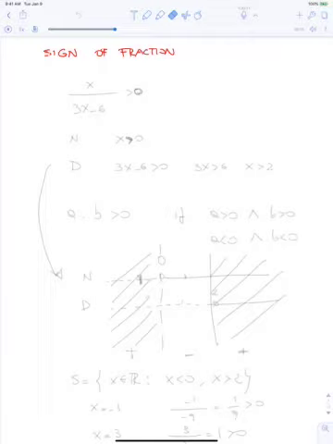Let's look at an example. So x divided by 3x minus 6. We want to know when this quantity is greater than 0.